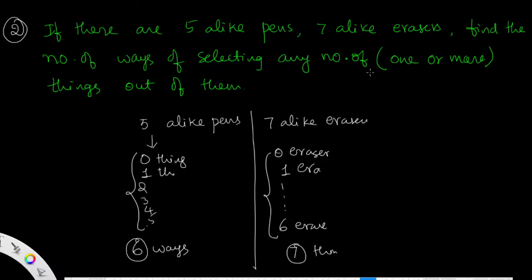In the question, they are asking for the number of ways of one or more. Therefore, one or more means subtracting this condition.